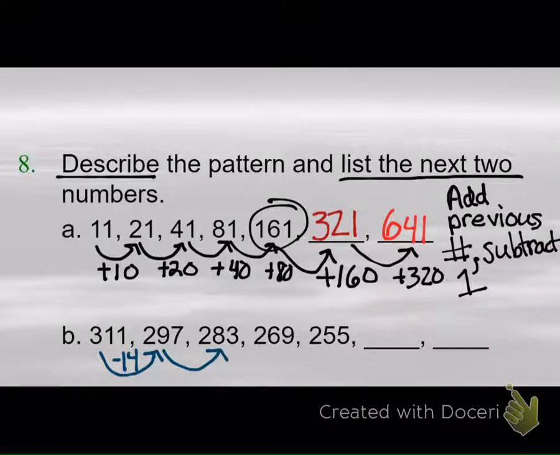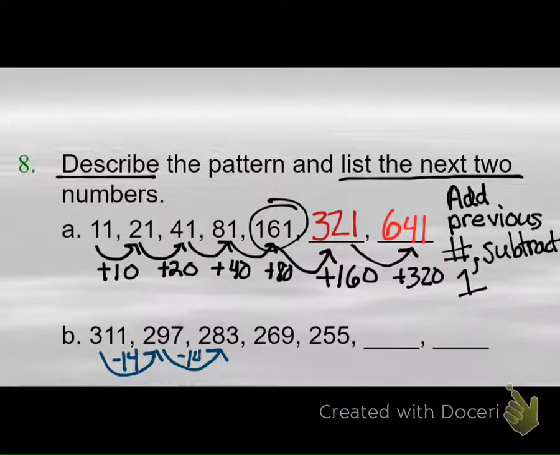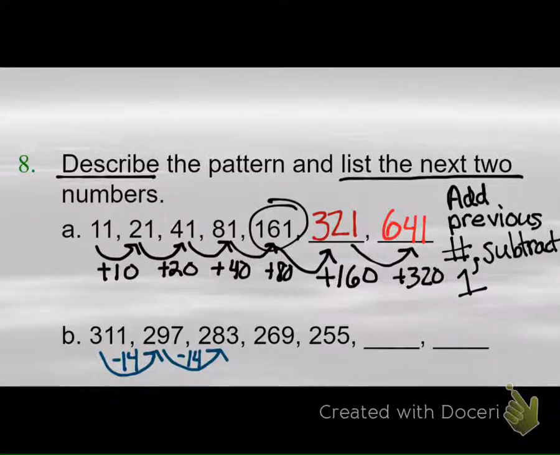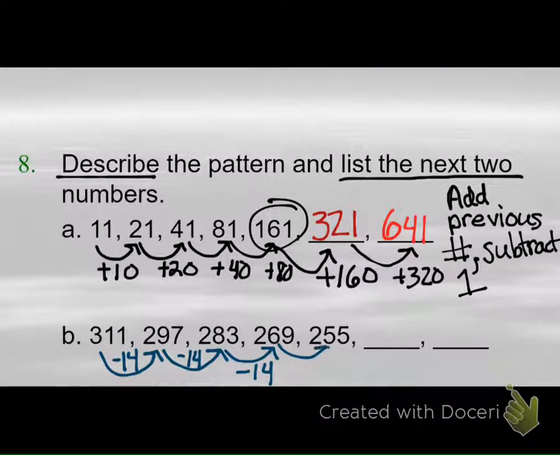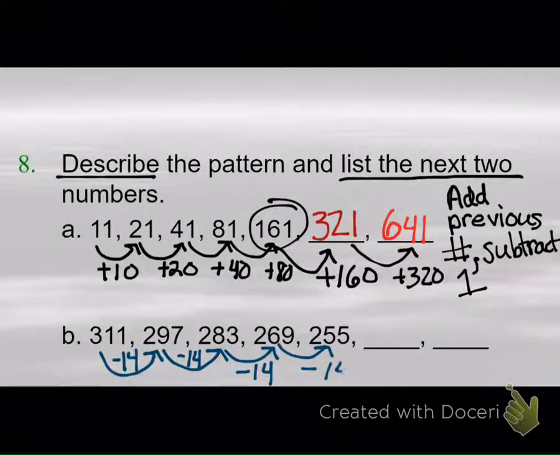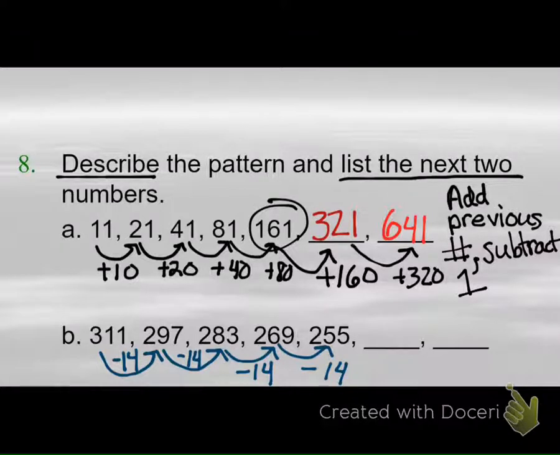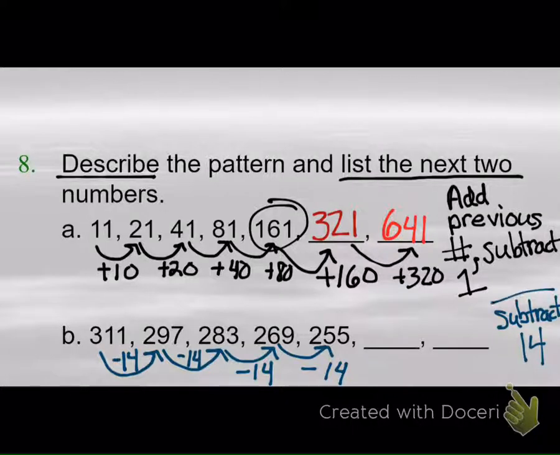In your calculator, you could do 297 minus 283. Good, minus 14. 283 minus 269 would give you 14. How do you get from 269 to 255? Minus 14. So what are we doing each time? Subtracting 14. That's how you would explain it.